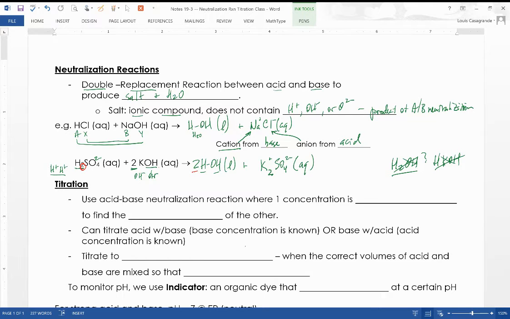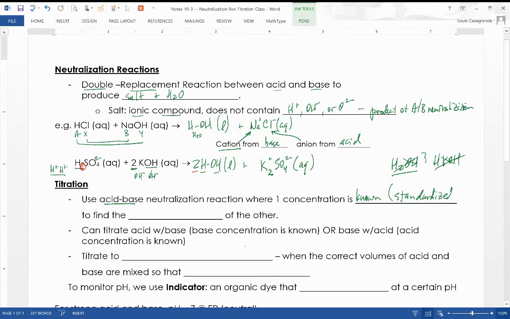So what we're going to do in a titration is use an acid-base neutralization reaction where one concentration is known. You're going to know the concentration of either the acid or the base. It doesn't matter which one. In our lab, we're going to know the concentration of the base, and we call that being standardized.